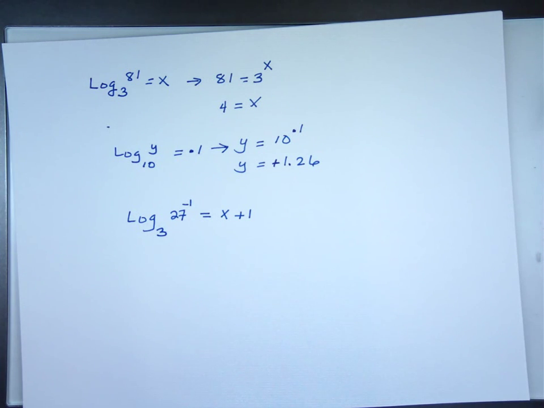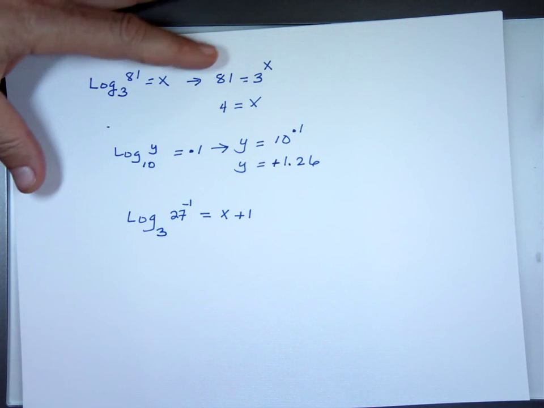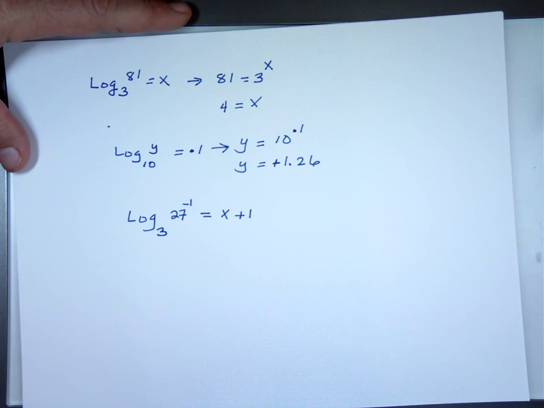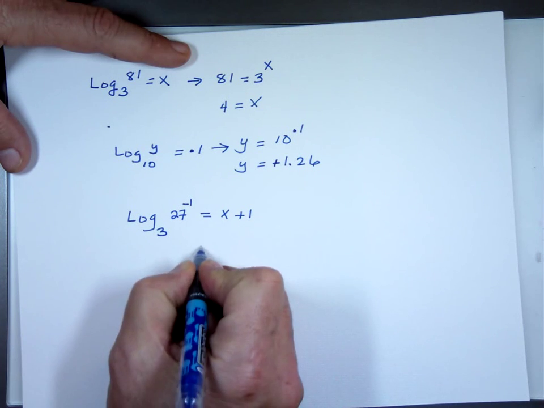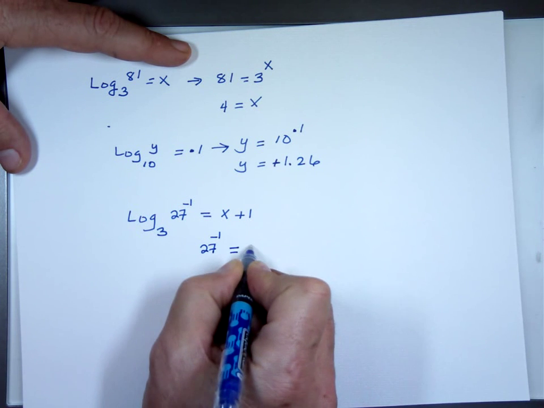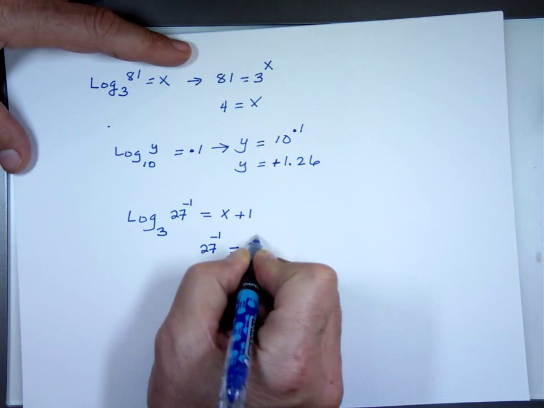I jump to the good stuff quickly. The number, which is 27 to the negative 1, should equal the base, which is 3 to the power of what? x plus 1.